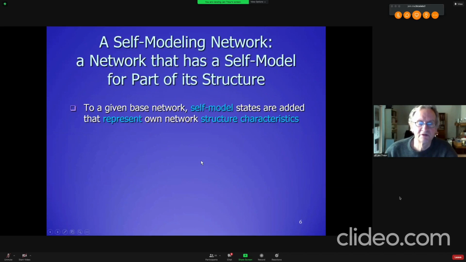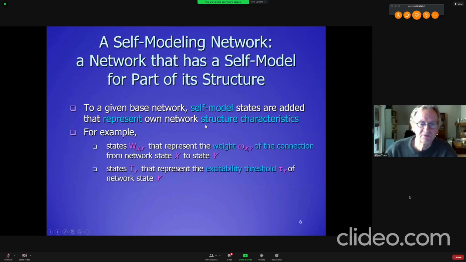So then as part of that, I introduced the notion of self-model, and then you get a self-modeling network. That means a network with a self-model, where you can have the network structure characteristics, as I showed in my previous slide, like the connection weights, as additional states.